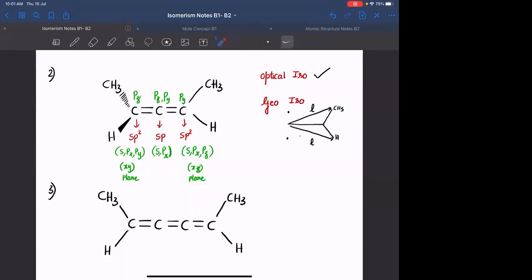So whenever I'm interchanging these two groups, hydrogen को यहाँ पे लेके आया और CH3 को यहाँ पे लेके आया, will there be any difference in the distance? No. If there is no change in geometrical distance, there won't be any geometrical isomerism. Agreed? And ऐसा क्यों हो रहा है? Because this molecule is not planar. If it is planar molecule, आपको यहाँ से यहाँ तक और यहाँ से यहाँ तक, you will be having different distances.